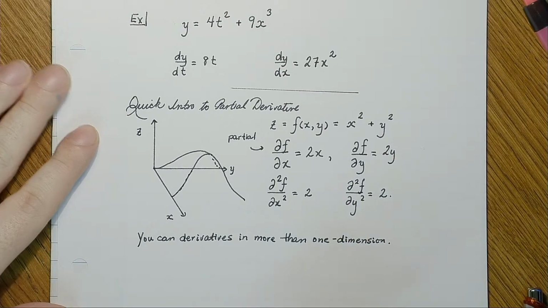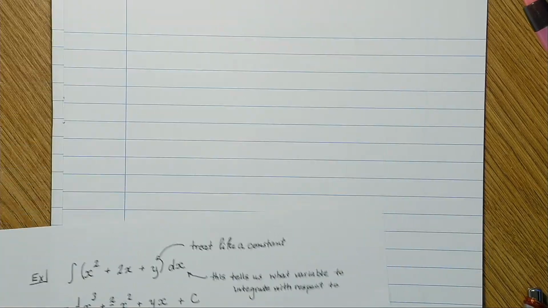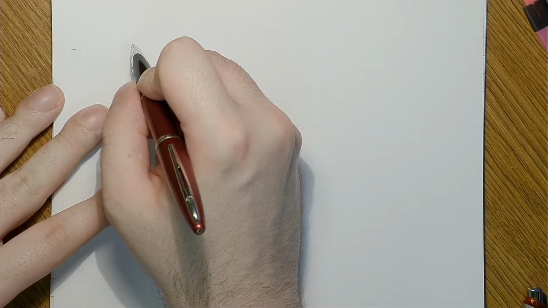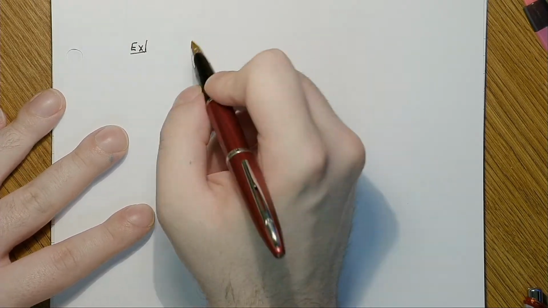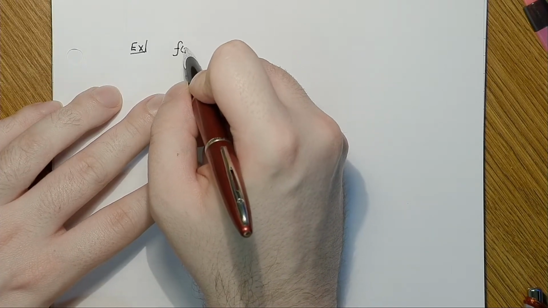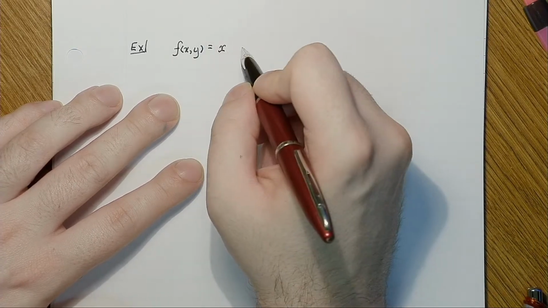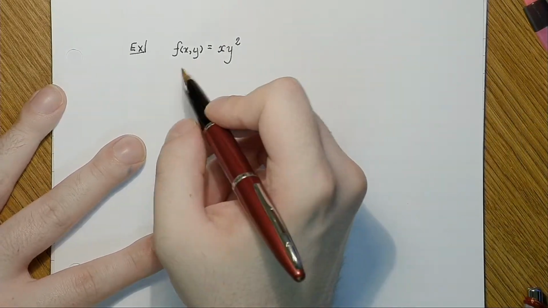Then the question that we had. I'm going to call my function f of x and y, x times y squared. So that's what the audience wants, and we will differentiate that.